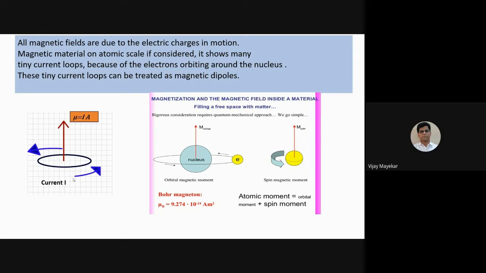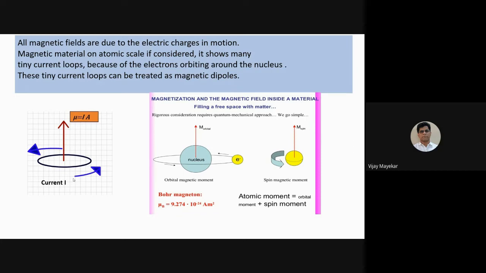In this case, we get the magnetic field created by this small current loop because the charge is in motion, so it constitutes your current. And this is a very small current you are looking at. Provided we are aware of the time taken by one electron to move around the nucleus, we'll get a sufficient idea of the current.